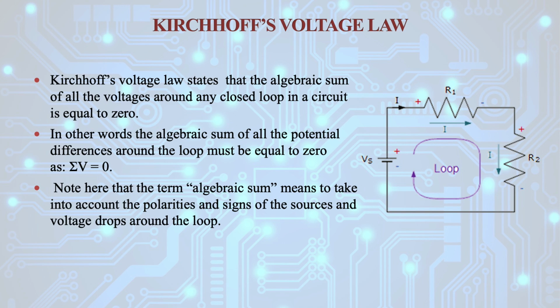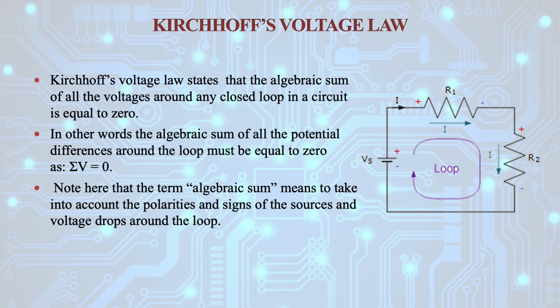Here you can see the voltage source having a polarity minus to plus, and current I is flowing through resistance R1 and the same current is also flowing through resistance R2. So there will be a voltage drop across resistances R1 and R2. After applying KVL you can write the equation Vs minus I into R1 minus I into R2 equal to 0.